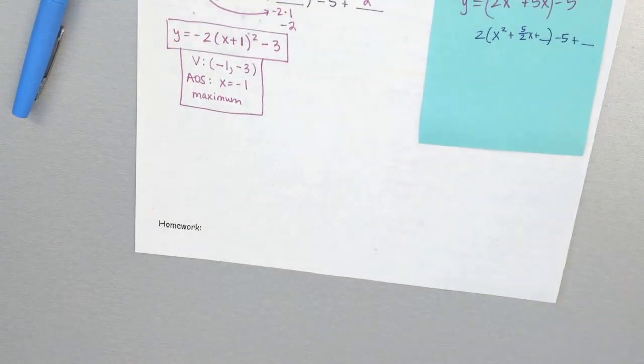All right, and then we're going to write down your homework, and then we're also going to go over 2 things today. Okay, so your homework is page 180.